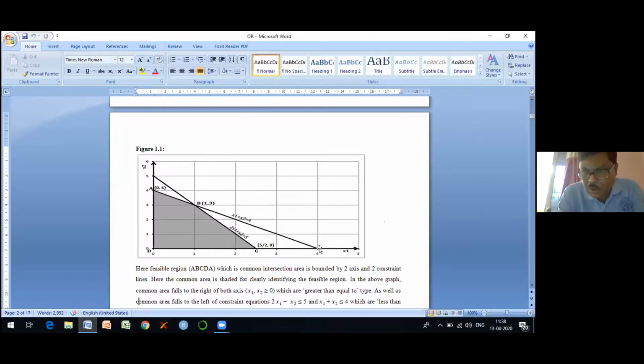Only we should consider the inner corner points. So although there are 2 points, one is C, another is Q, we consider the inner one from the (0, 0) origin. So the inner one is C. So we should consider, right?